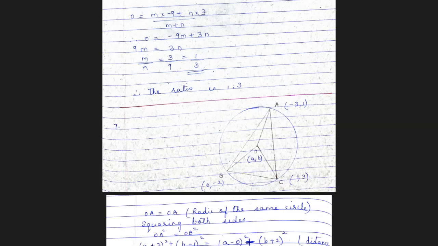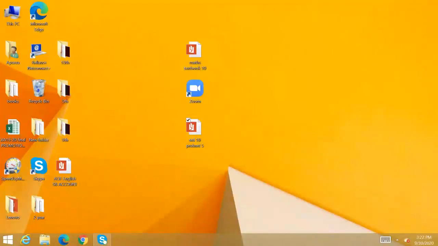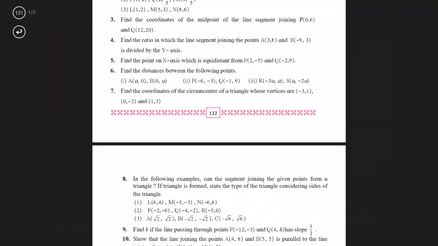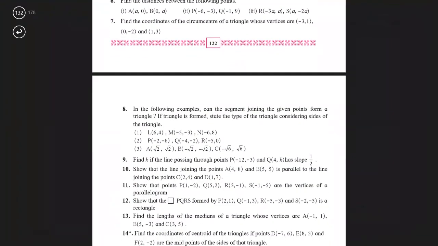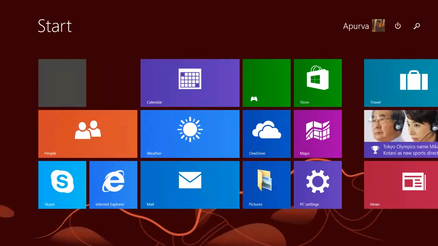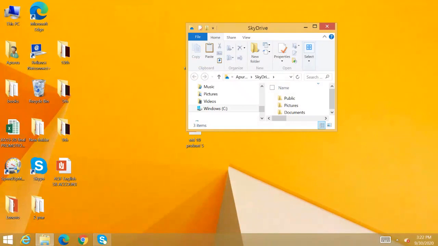So we go to question number 7. Find the coordinates of the circumcenter of a triangle whose vertices are minus 3, 1, 0, minus 2 and 1, 3.